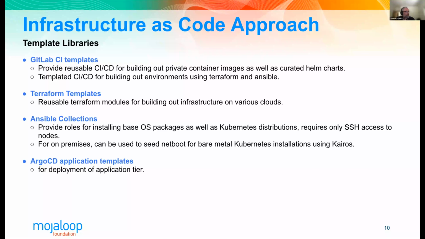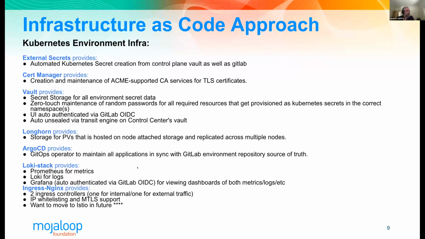The other collections are used in order to install Argo CD and some other packages that need to be there as a part of the Ansible installation. And those are also a part of that collection. And then the last piece is the Argo CD application templates. So these are templates that are used to actually parameterize a deployment of all the components that I mentioned here.